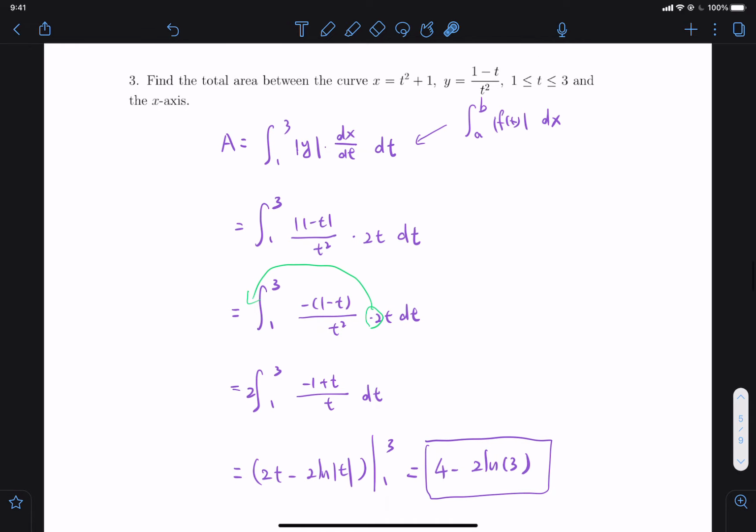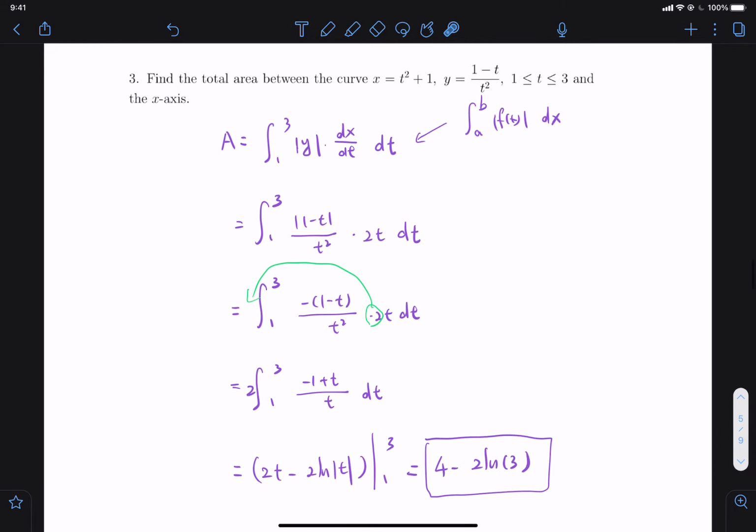The reason why we need to take the absolute value is because we are looking for the total area, not the net area, and we need to flip those parts of the function that are below the x-axis to above the x-axis. That's why we need this absolute value of f of x.